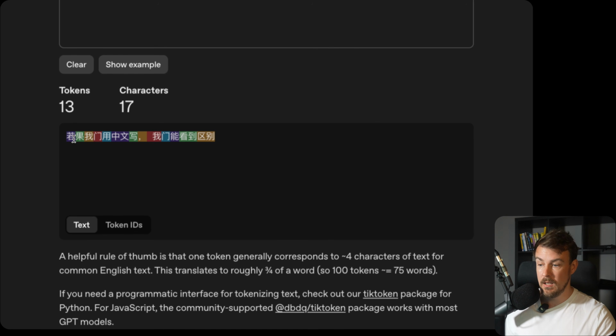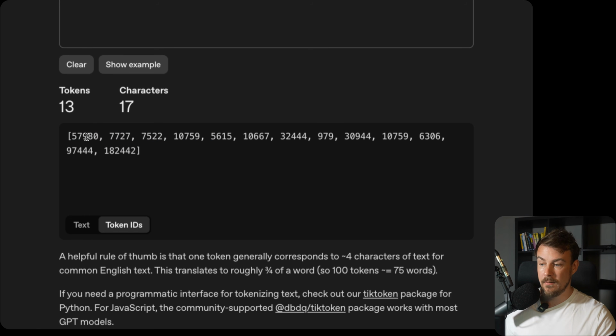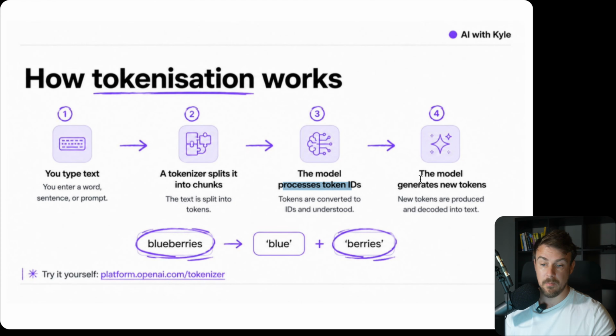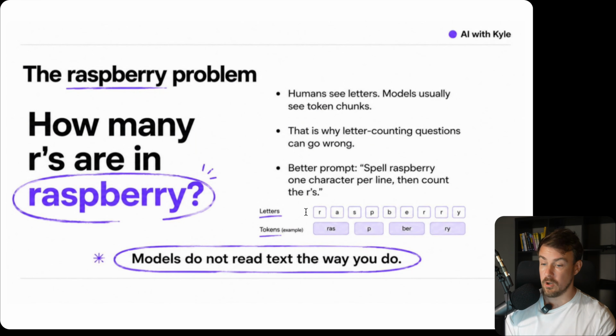So this first one here is 57980, for example. So the model is going to use that in its calculations in the next step. And then off the back of this, the model is going to generate new tokens and then output those tokens as the answer that is given to you. So that is why tokenization is really important. Large language models are not working with words, they're working with tokens.